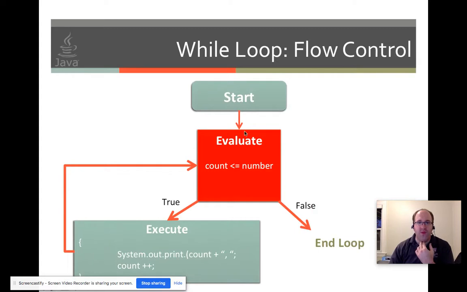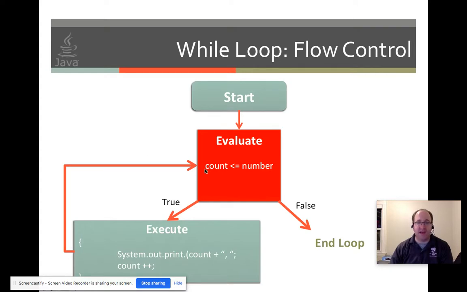Okay, so if we had to put this maybe in like a flow chart, when the loop starts, the first thing it will do is evaluate that logical statement. If that logical statement is true, go ahead and execute whatever's in the loop, go ahead and do what it does, and come back. Evaluate again. Is count still less than or equal to the number we set?